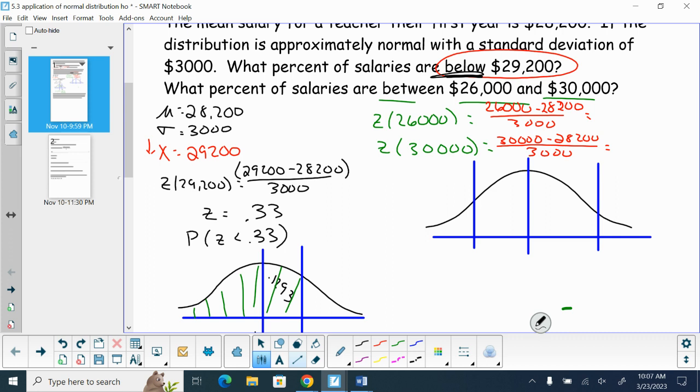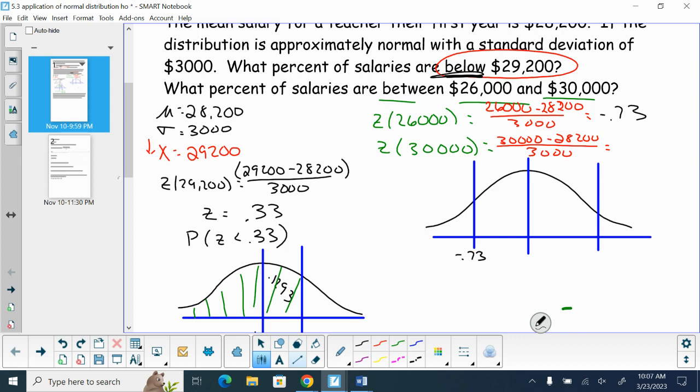Alex, what do you get for the Z value for 26,000? Negative 0.73. What do you get for your table value then?